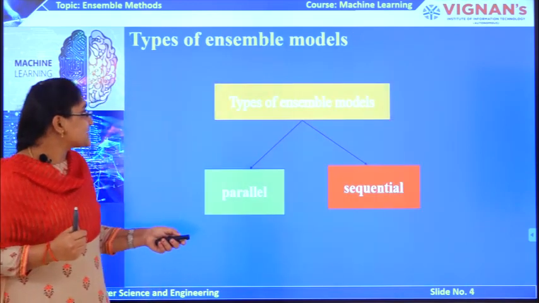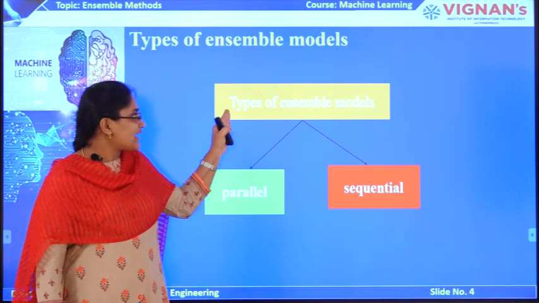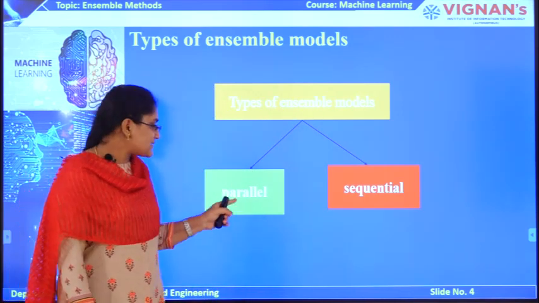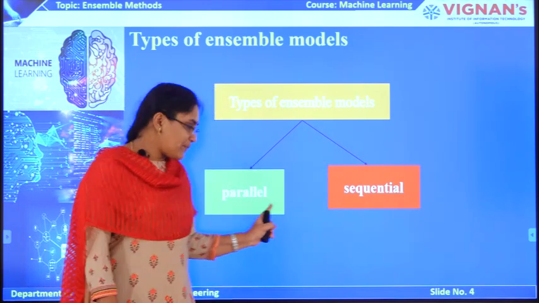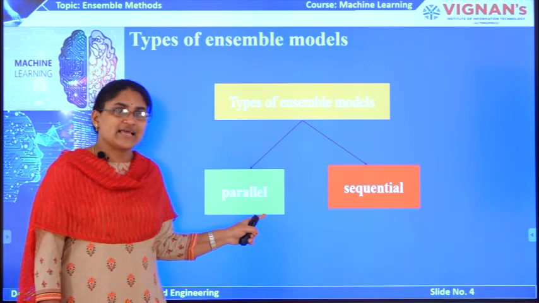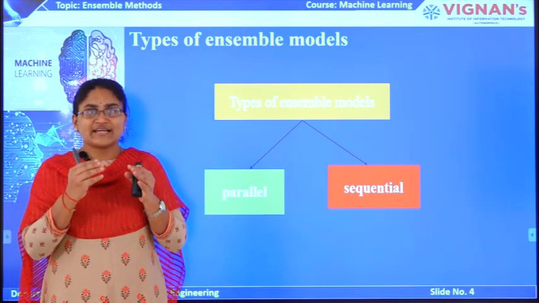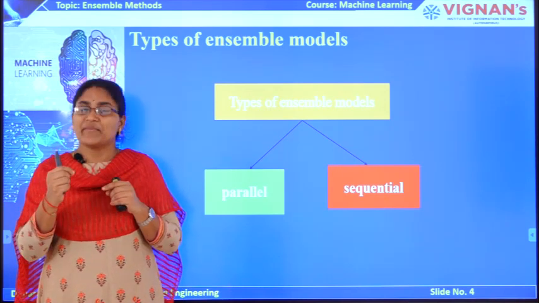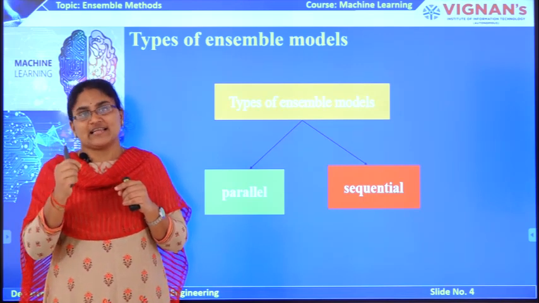Okay, now let's see different types of ensemble models. In ensemble models, we have two types of models. One is the parallel model and the second one is the sequential model. Here the parallel model is where we are building different models. These different models are the base classifiers, or the base models, which are weak learners.